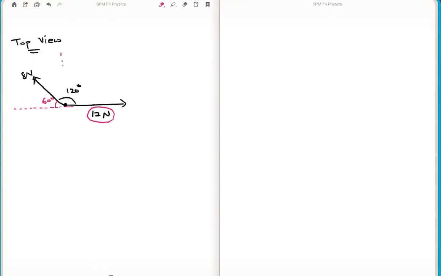And you need the XY axes. Therefore, from here, if you drop a perpendicular line, this magnitude to the left would therefore be 8 cos 60.